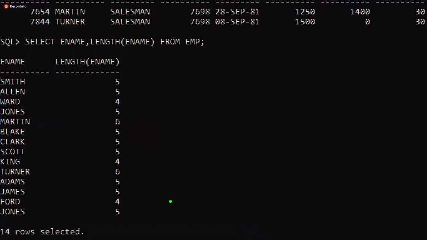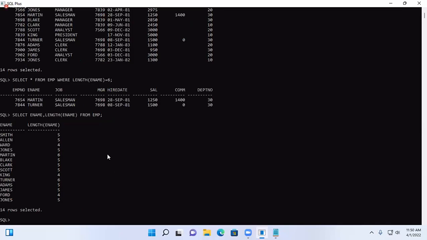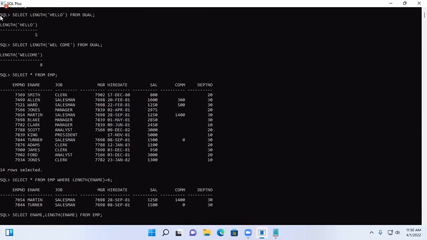Can you see this? Smith has how many characters? 5. Allen 5, Ward, Jones, Martin, Blake like this, and Turner 6, the remaining are all like this. So this is the length function, guys. It returns the number of characters here.